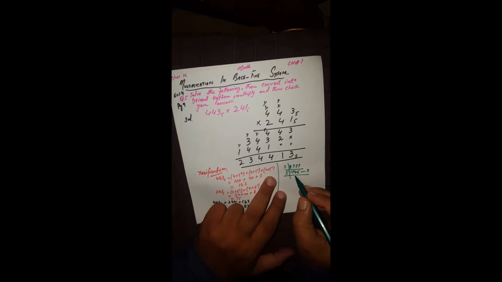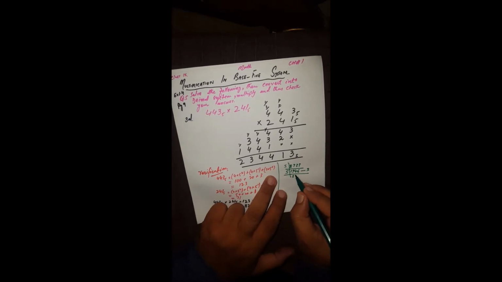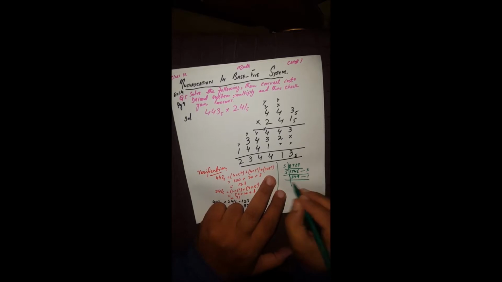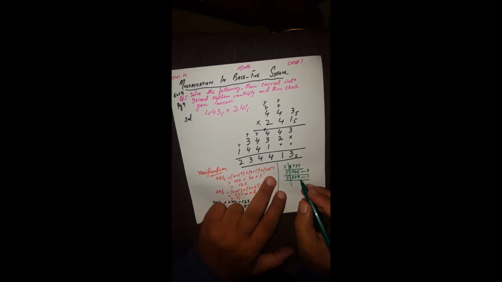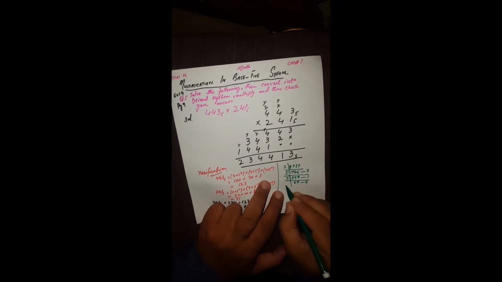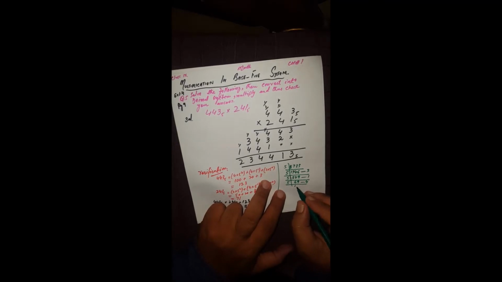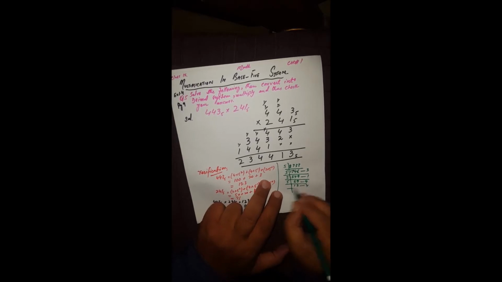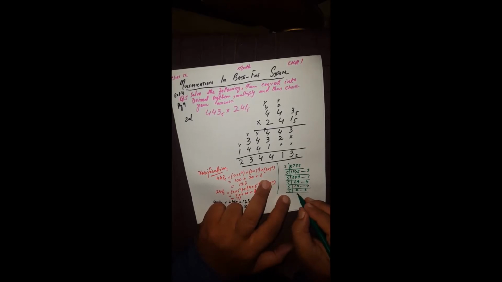Again divide by 5: 3, 4, 9, remainder is 1. Again dividing by 5, that is equal to 69, remainder is 4. Again, remainder is 4, and then 3, 0, 2.